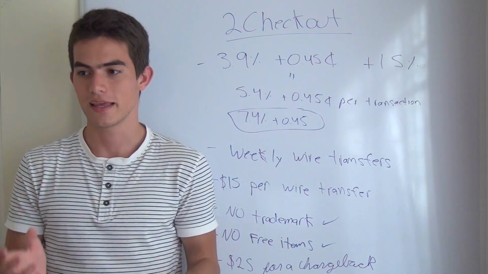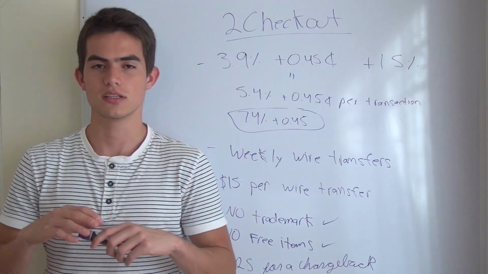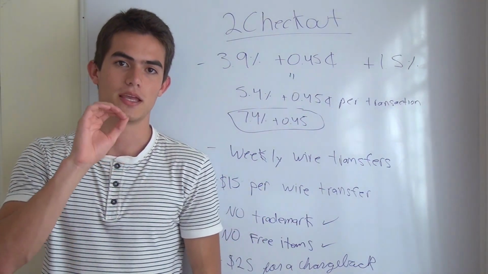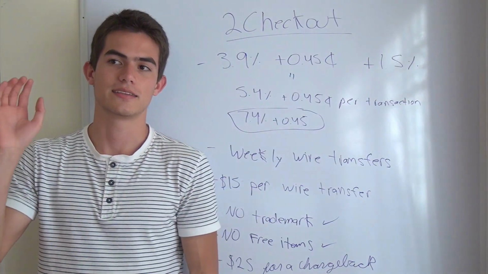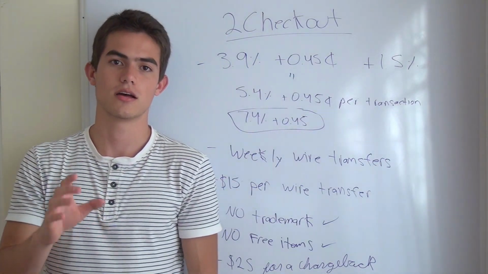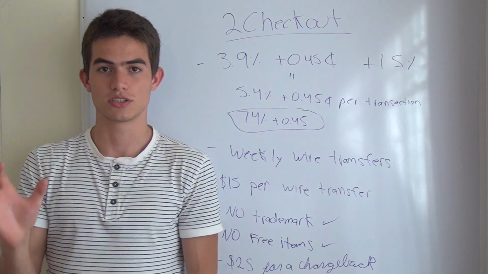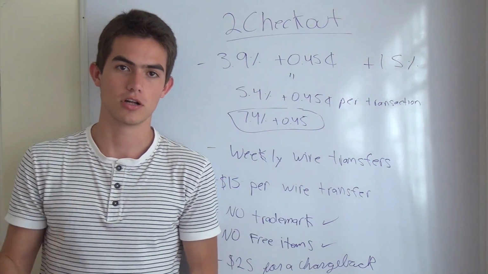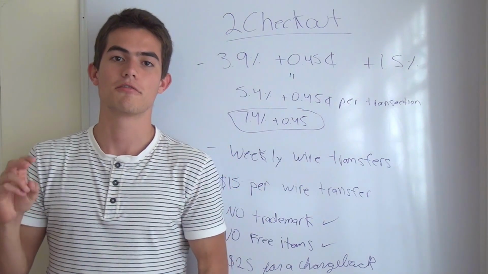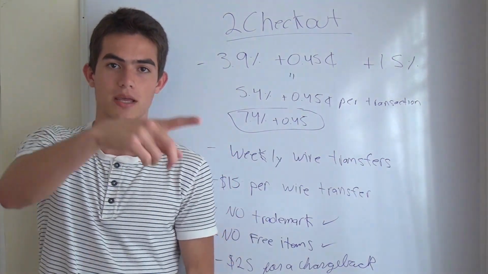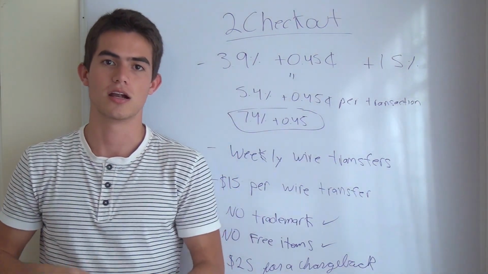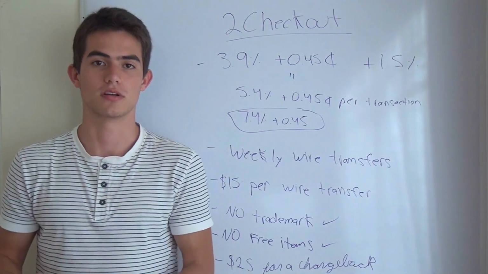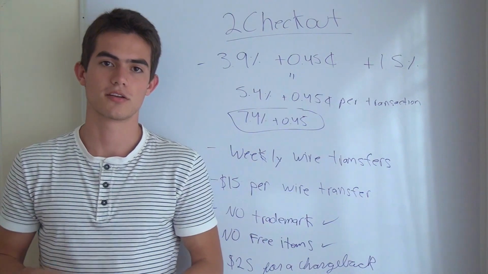So if they're gonna pay you $100 and they take 5% of that money as a reserve for the refunds for 90 days, then you're gonna have your $5 frozen for 90 days. After the 90 days, they're gonna pay you back the $5 in your next payment. So yeah, that's another thing you need to consider.